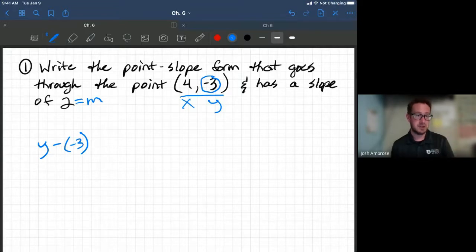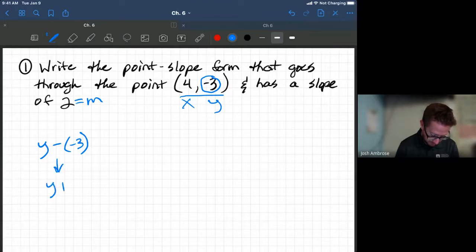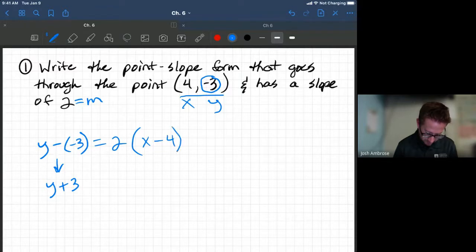Eventually, we're going to change that to a +3. Then equals, and what is our slope? 2. And then parentheses x minus 4. All right, let's go ahead and bring everything down here.